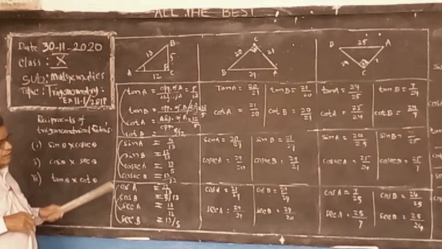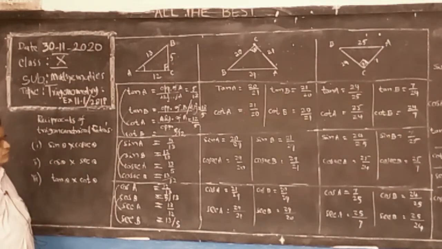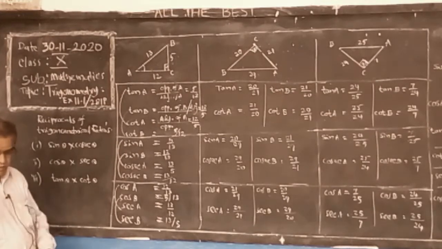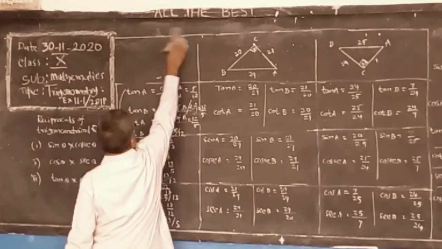So these are the trigonometrical ratios, and when we are writing, we practice the ratios, how to write if angle changes. Okay. Now, let us go to another problem.